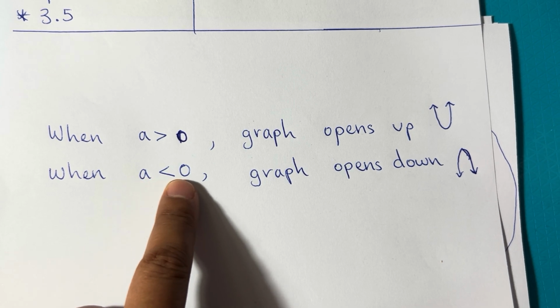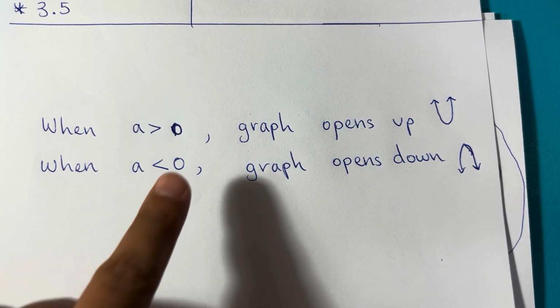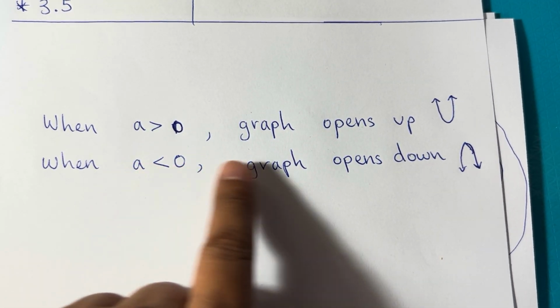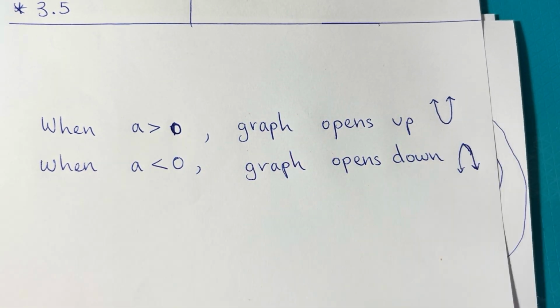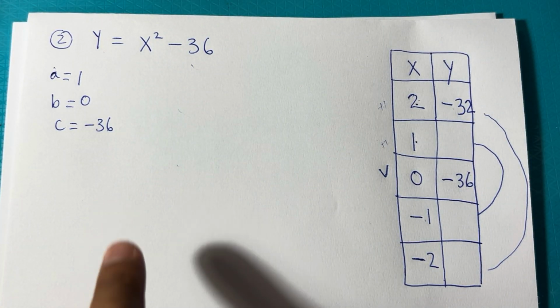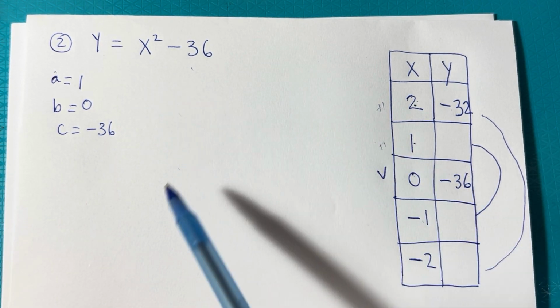When a is less than 0, that means negative 1, negative 2, negative 3, etc. So if a is negative, it opens down. If a is positive, it opens up. So you can already guess by looking at this first value if my graph will open up or down.